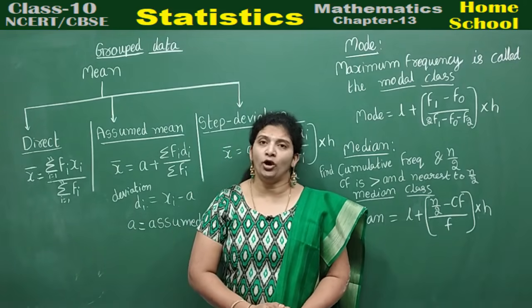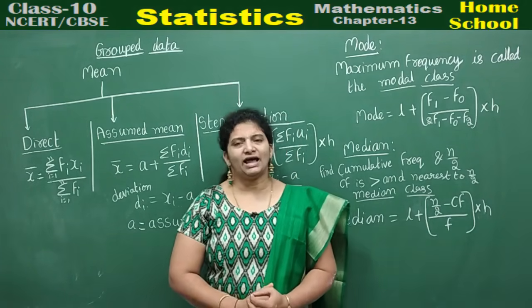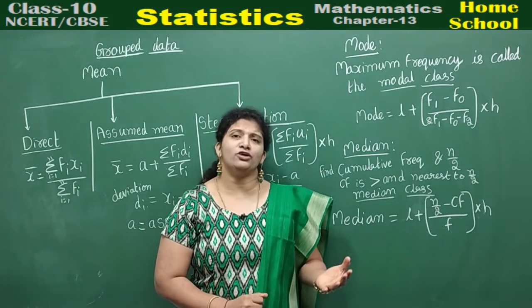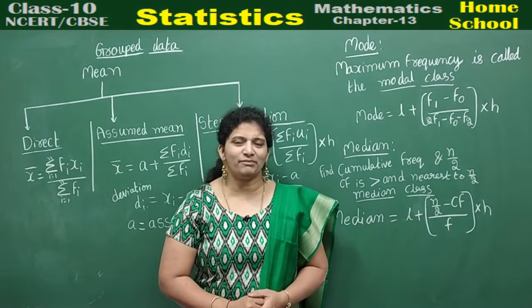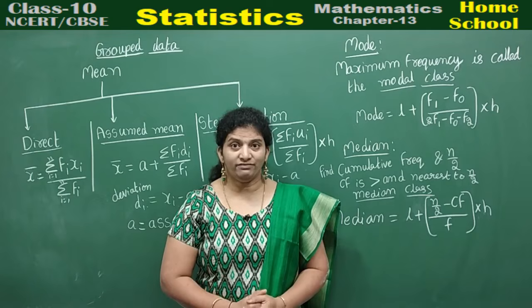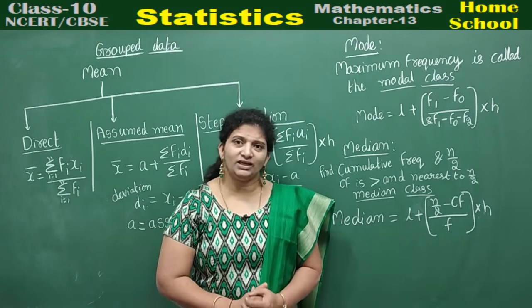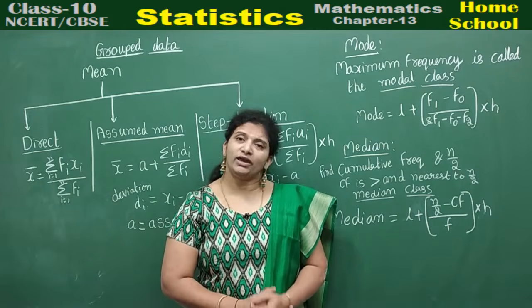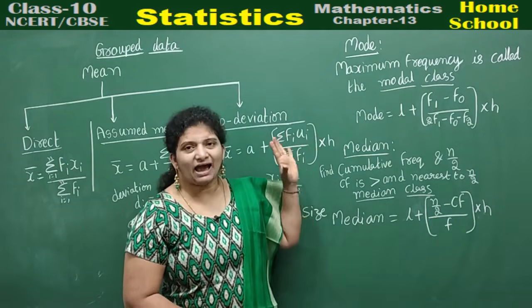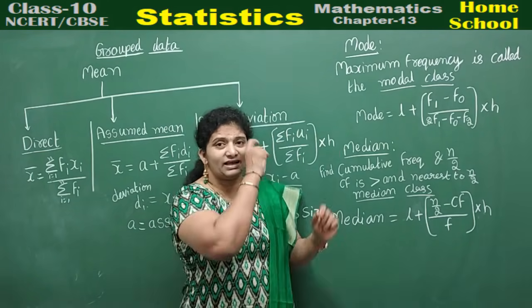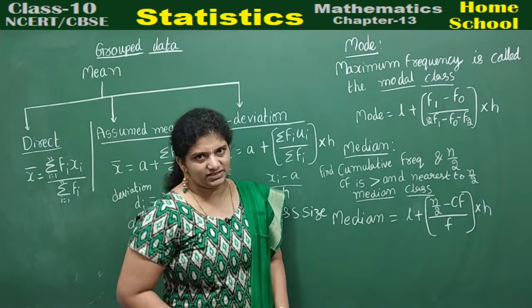Next, coming to mode. How can I calculate mode? For ungrouped data, the most repeated number is called the mode. But for grouped data, how can we get the mode? In the given class intervals, we need to select the modal class first.